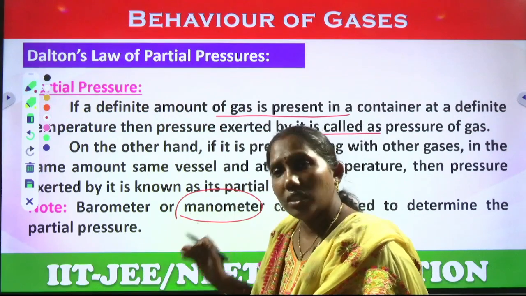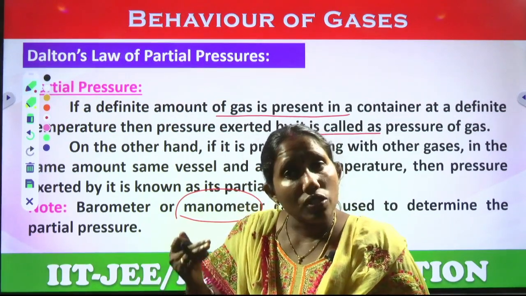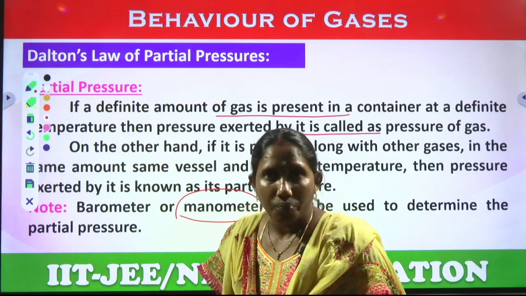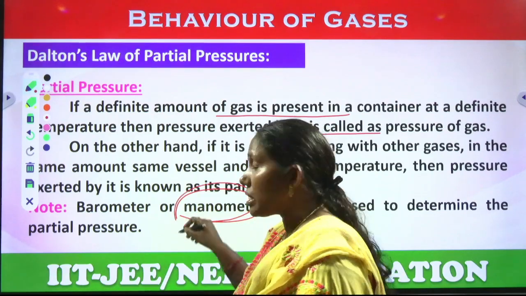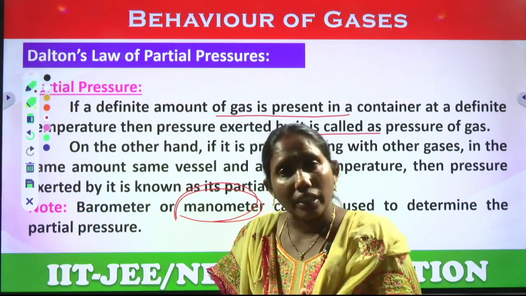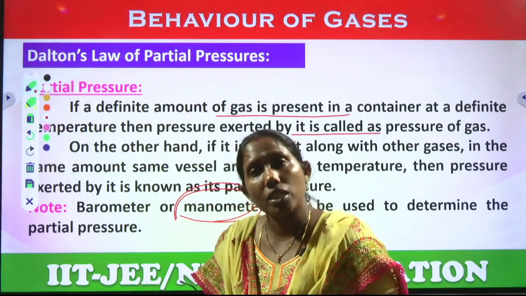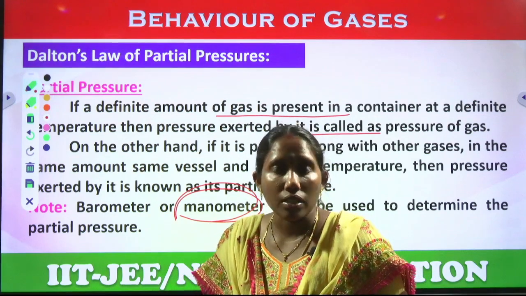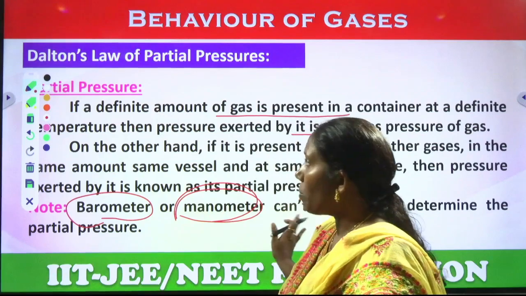But the barometer and manometer cannot measure the individual pressure, meaning partial pressure. The manometer can measure the pressure of the container, the combined gas we have, but the individual pressure of a gas cannot be measured by using any barometer or manometer.